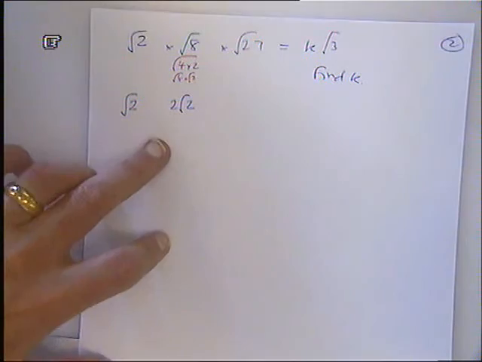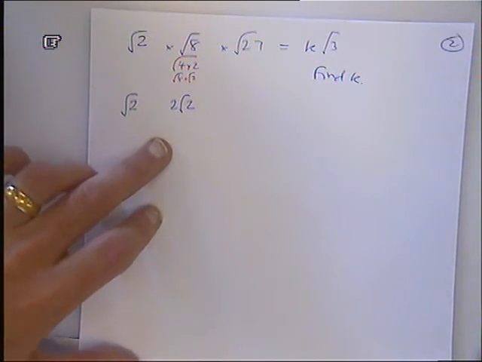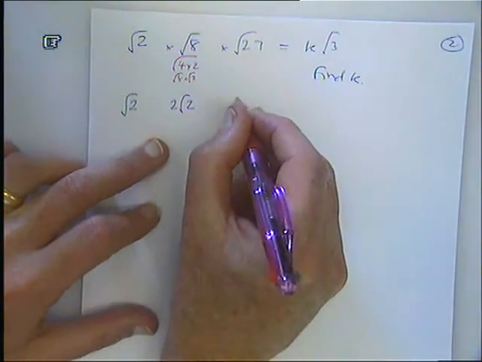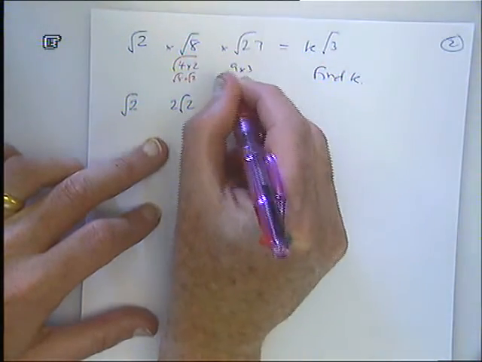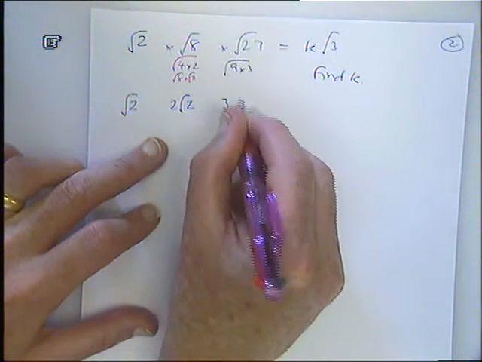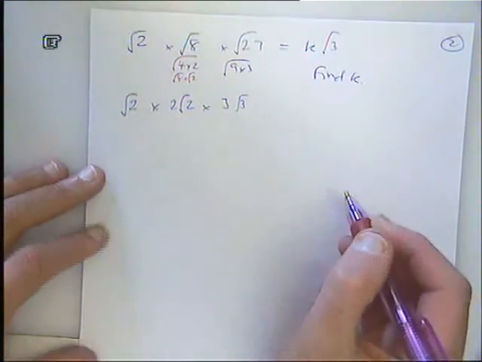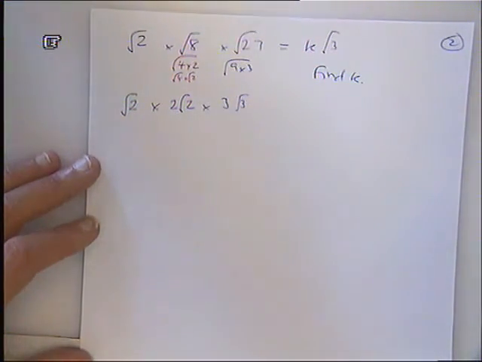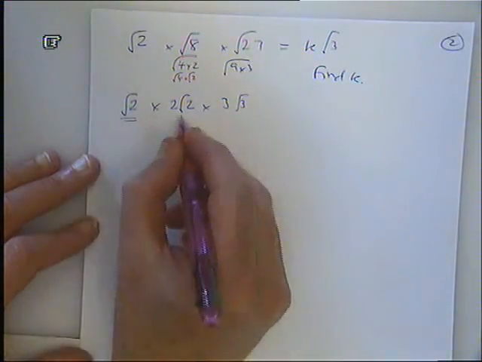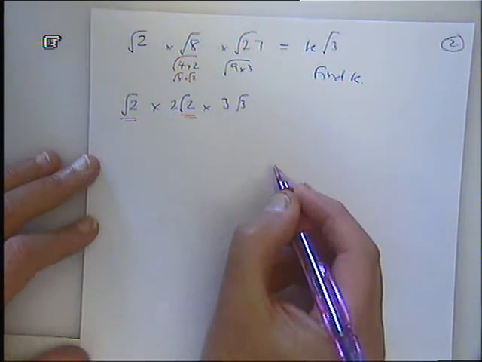Now 27 is 3 root 3, because that's 9 times 3, and we are multiplying together.